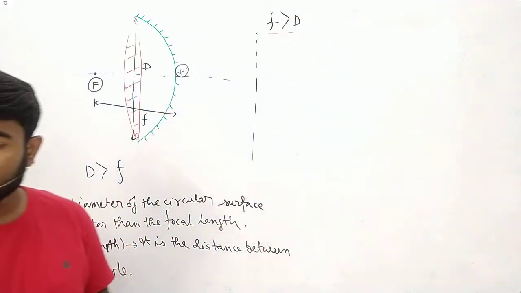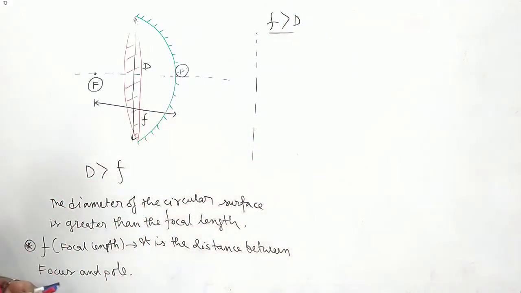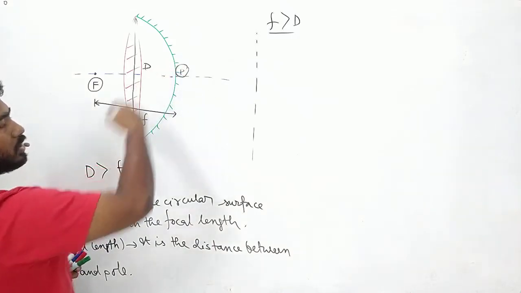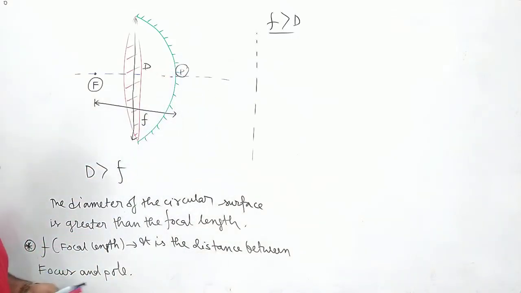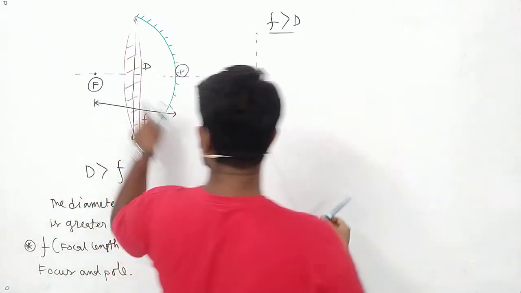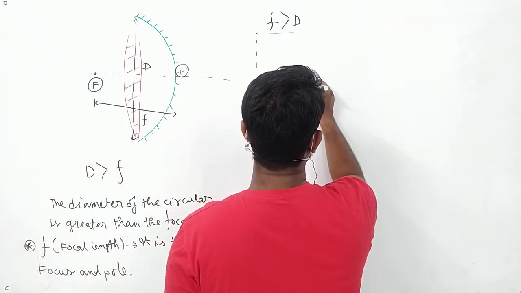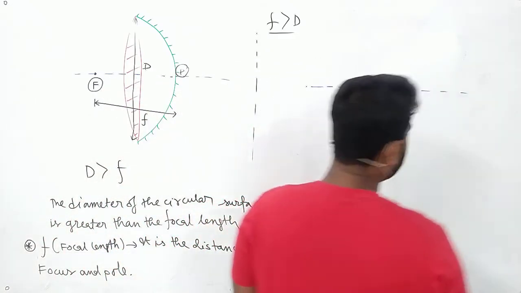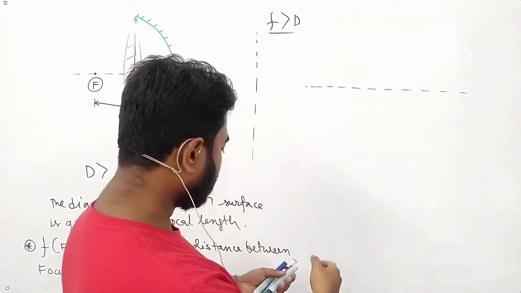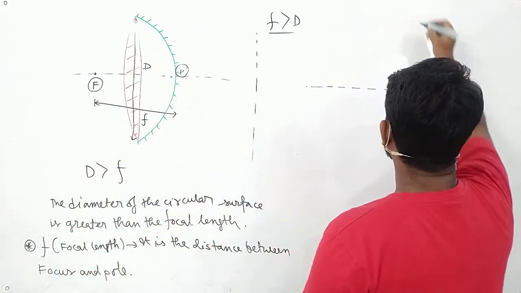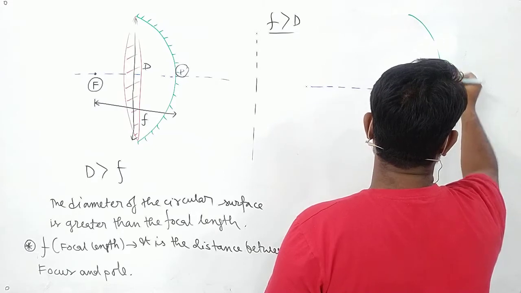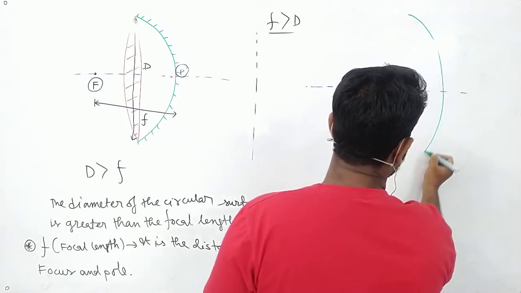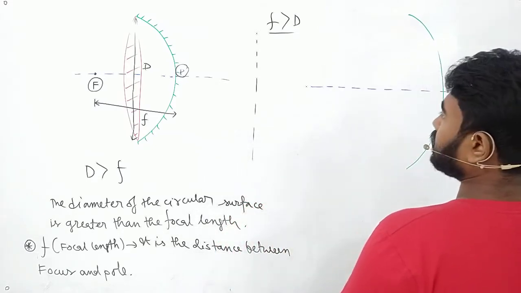Now how shall I draw that? Can I take a small portion out of it? Suppose I am drawing the same focal length, same mirror. Understand it carefully. So is it the same mirror?